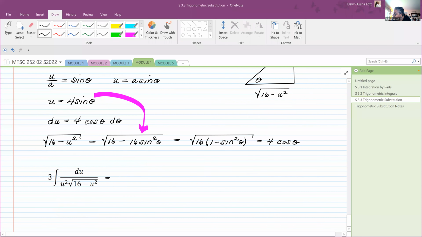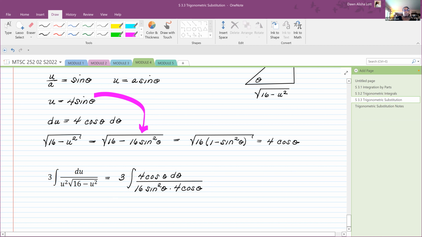So this is going to be 3 integral du, up there it is, 4 cosine theta d theta. I need u squared, and u squared is right here, 16 sine squared theta. And then I need the square root of 16 minus u squared, and that is 4 cosine theta.